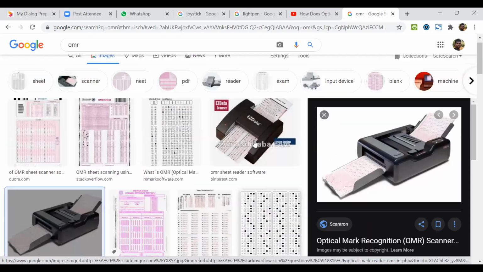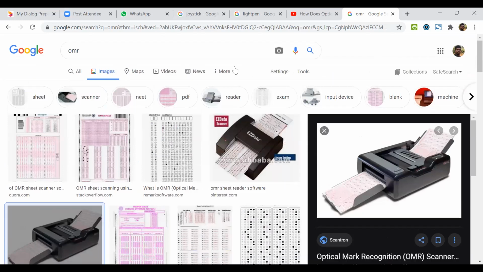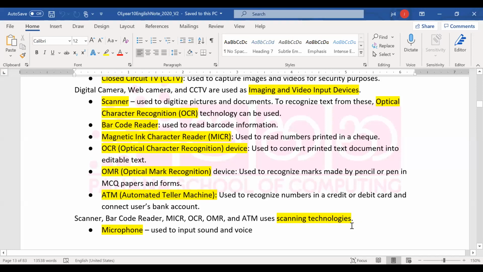This is quite useful, especially for marking MCQs. All these we know as scanning devices, because they use some kind of scanning technology. So scanners, barcode readers, OCR, OMR, ATM, all come under scanning technologies.